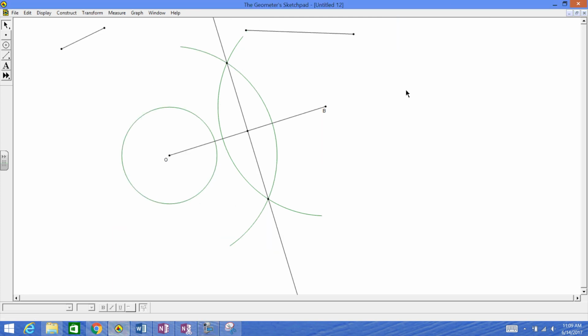Okay, back again now. All I did was get rid of some of that mess. Really, this is the work that you're going to have to show. You drew in OB, the segment, okay? And we constructed the perpendicular bisector using the center of our compass tool here and this radius, right?